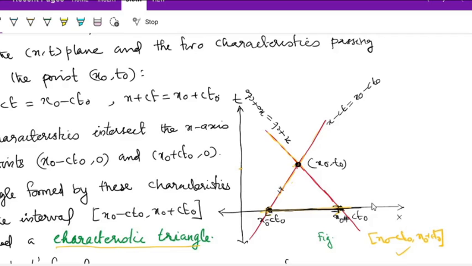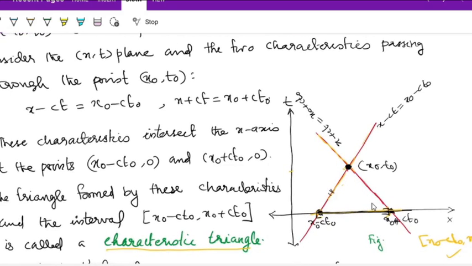We can see that the two characteristics intersect the x-axis at the points x0 minus ct0 and x0 plus ct0. That is, the characteristics intersect the x-axis at (x0 minus ct0, 0) and (x0 plus ct0, 0).